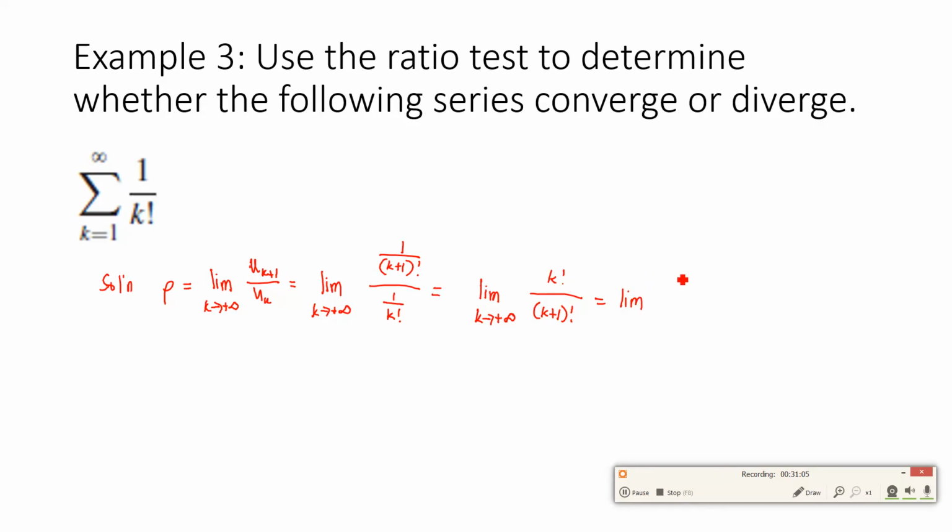In this case, you have k times, okay, if we are going to continue this one, you have k minus 1 factorial over, so here you have k plus 1 times the next of this one would be times k times k minus 1 factorial as k approaches positive infinity.